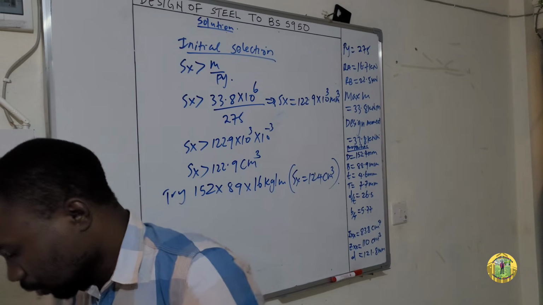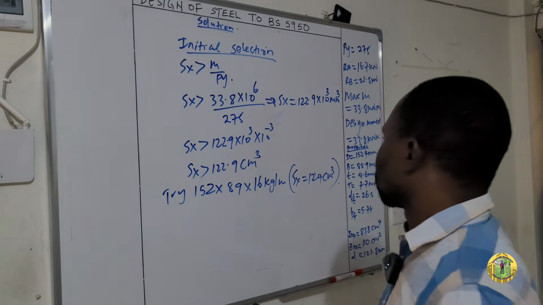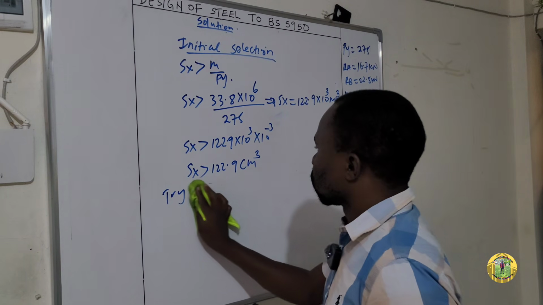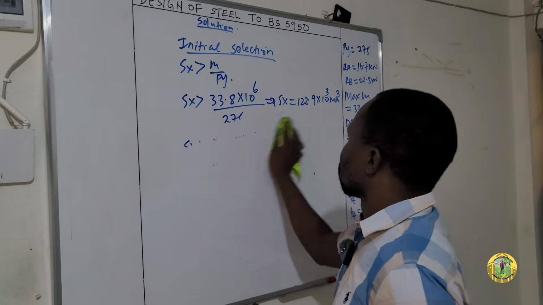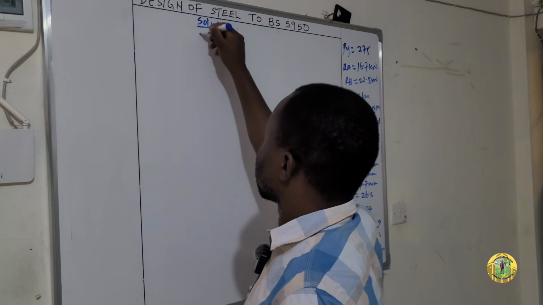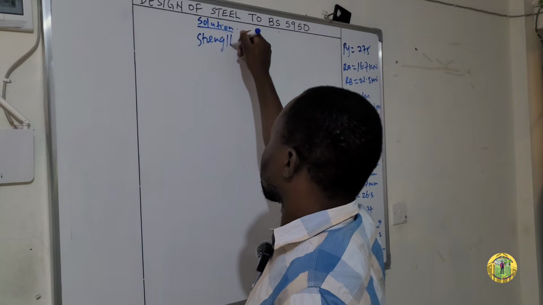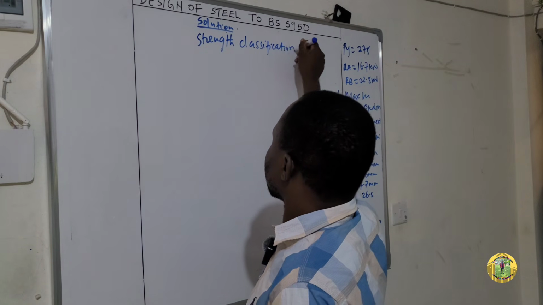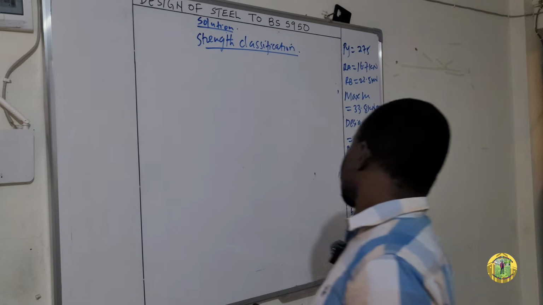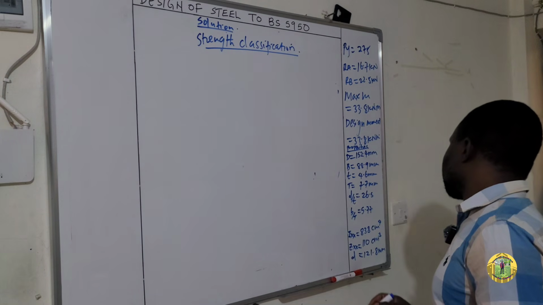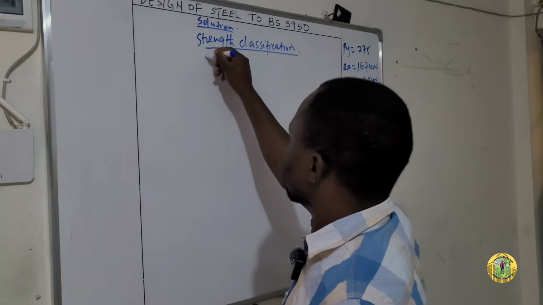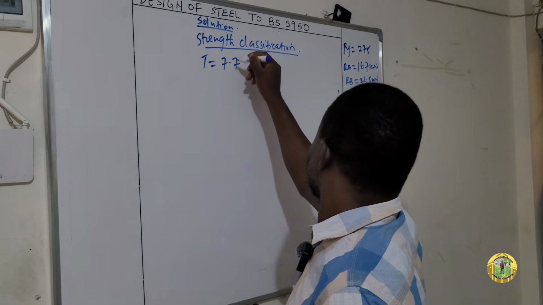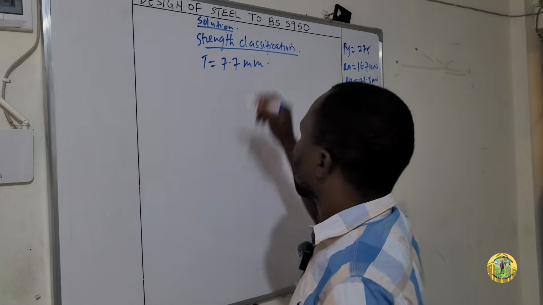Now let's proceed to what we call strength classification. So for strength classification, we always use capital T. So T is equal to 7.7 millimeter.